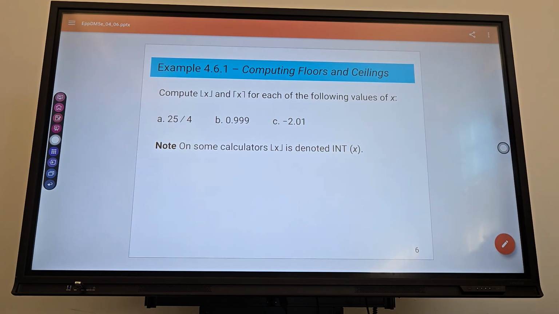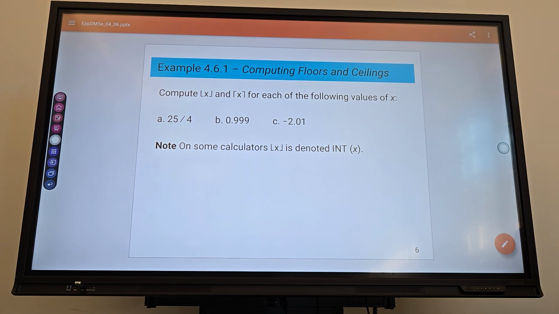Now compute the floor of x and the ceiling of x for each of the following values of x. 25 divided by 4 is what? What would be the floor of that value? That's not an integer. The floor returns an integer.